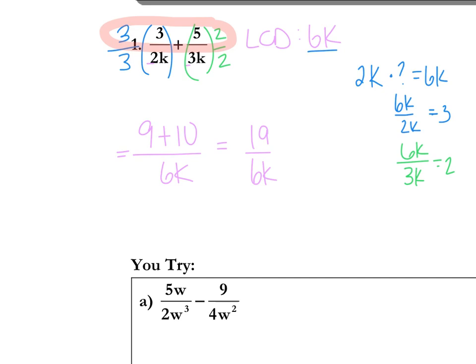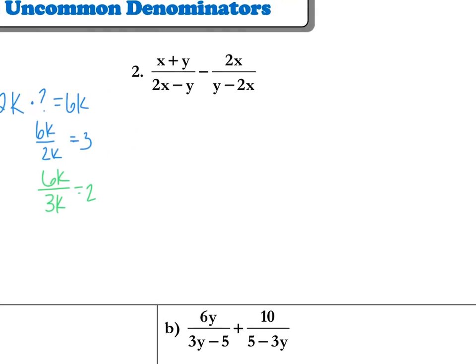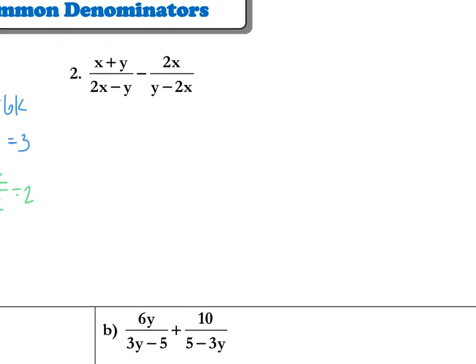Okay? All right, let's go ahead and take a look at example 2. So this is one of the ones you've got to be careful of. I can go ahead and rewrite this. So the x comes first. I take out that negative, and then I'm going to assign the negative to the numerator. So in other words, I'm going to change this to addition.